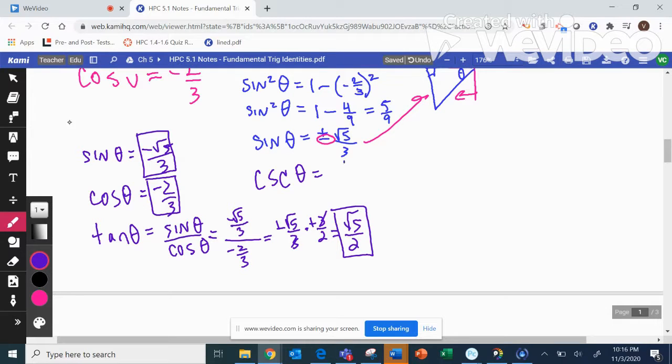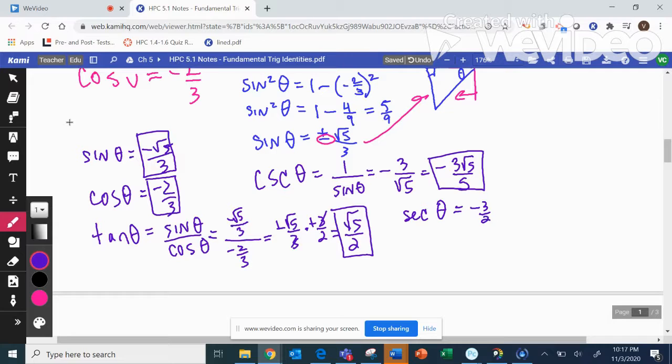So our cosecant is 1 over sine. Using just that identity, that basically means I'm going to reciprocate. So we'll have negative 3 over square root 5, which I can rationalize: negative 3 square root 5 over 5. The secant they gave us, and then the cotangent is the same thing as 1 over tangent.